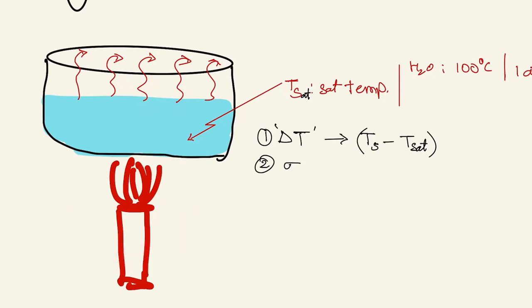So more energy is required, and so surface tension at the liquid-vapor interface is the second parameter that can play a role.